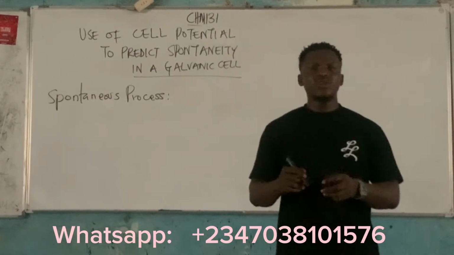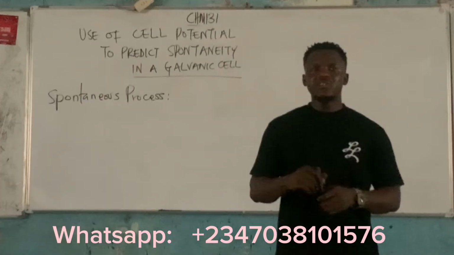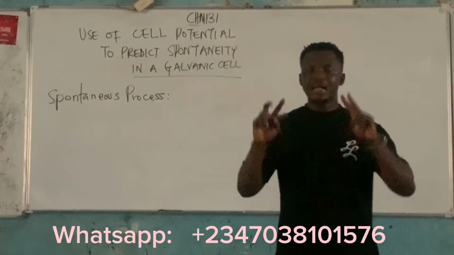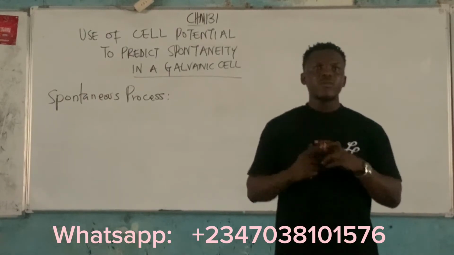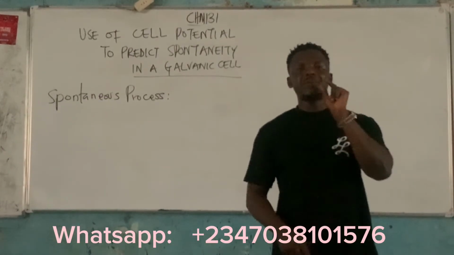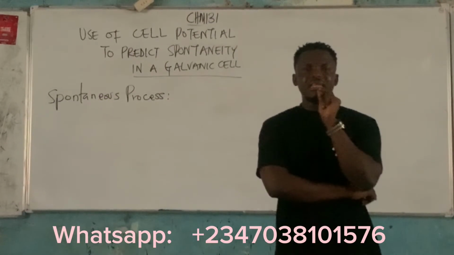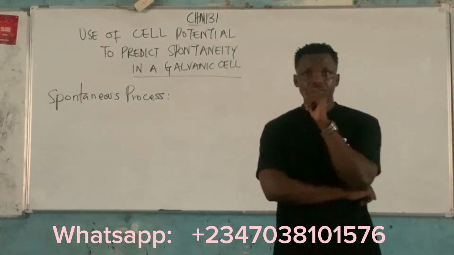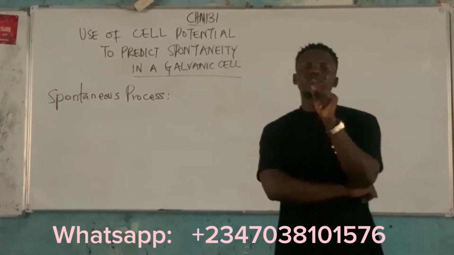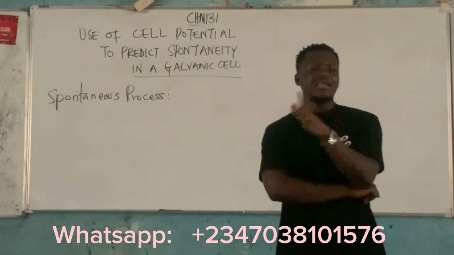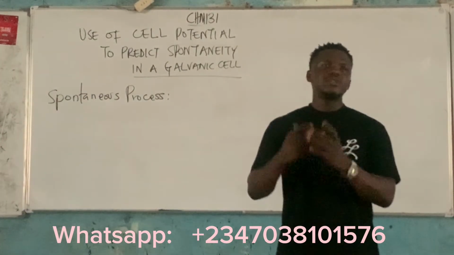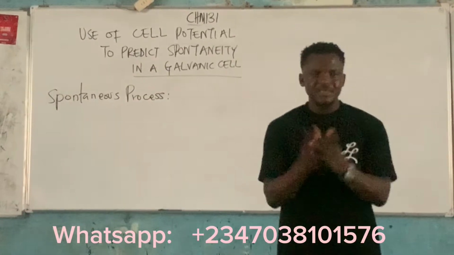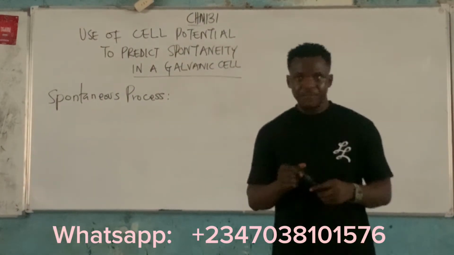Now, remember I told us that in an electrochemical cell, we have two types of cell. Listen to what I'm about to tell you now. The reactions that take place inside a galvanic cell are spontaneous reactions. In other words, you can redefine a galvanic cell as a cell that utilizes a spontaneous chemical reaction inside to produce electric current.